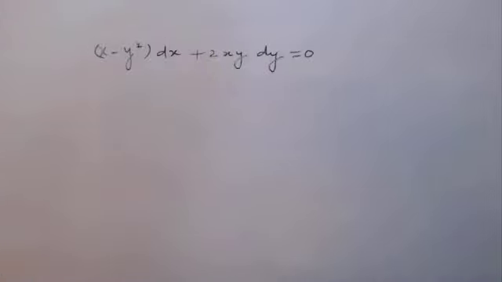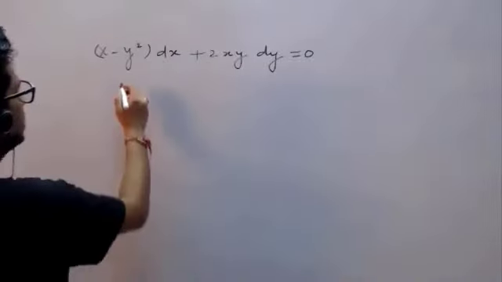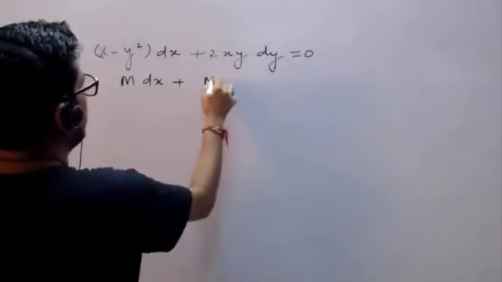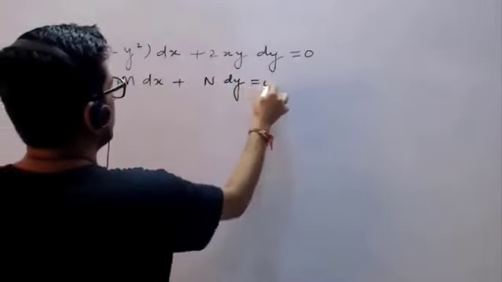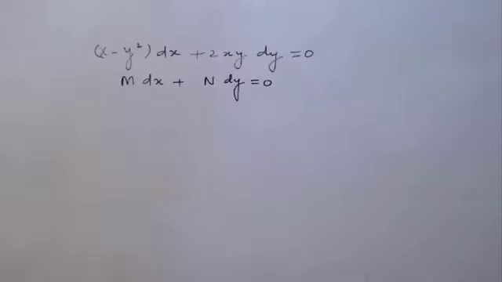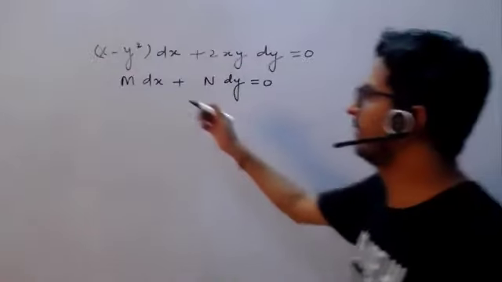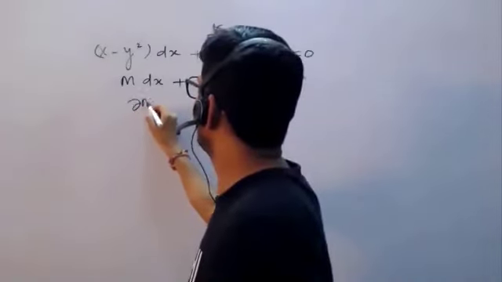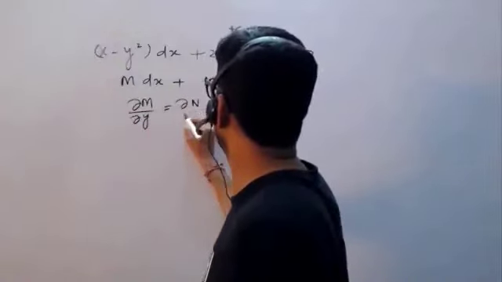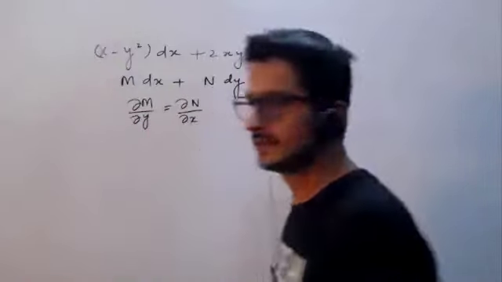So how to solve this? This is of the form M dx plus N dy equal to 0. Now calculate: is del M by del y equal to del N by del x?